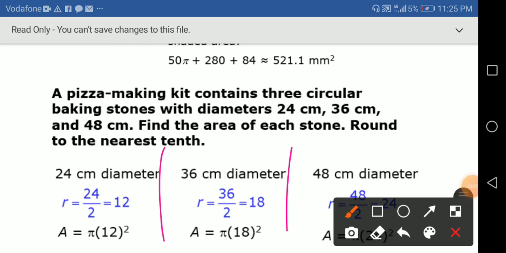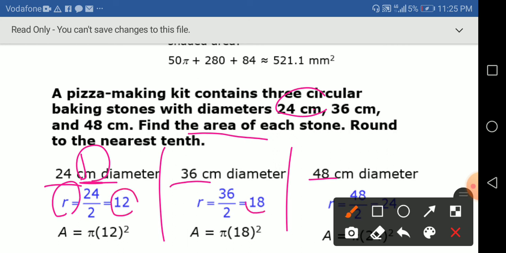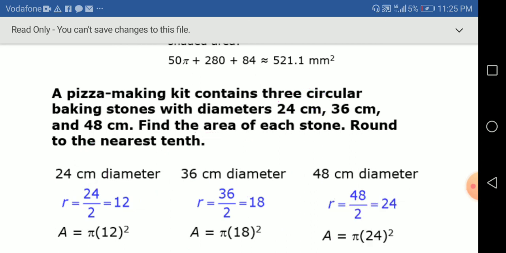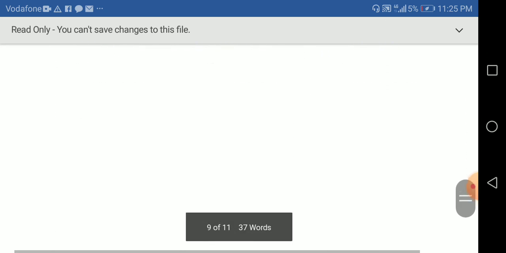I need to find the area, very easy. Area equals pi r squared. For each one, I divide the diameter by 2 to get the radius, which gives me 12, here 18, here 24. After this, I will get the area of each one. Okay, guys, easy? I think it is.